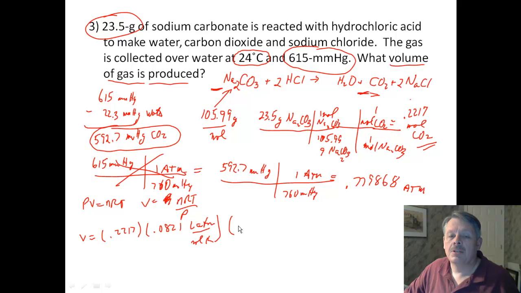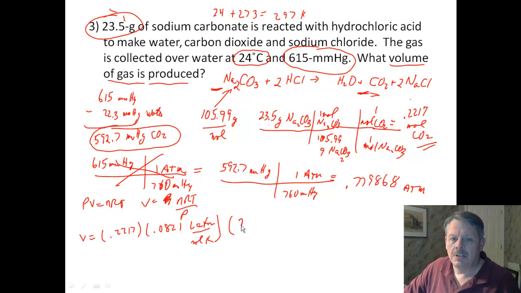And my temperature is going to be, where's my temperature? 24 Celsius. Oh, I never converted the 24 Celsius, did I? So I have to add 273. Where can I do this? All the way at the top. How's that? 24 plus 273 gives me 297 Kelvin. Okay, so my temperature down here is going to be 297 Kelvin.